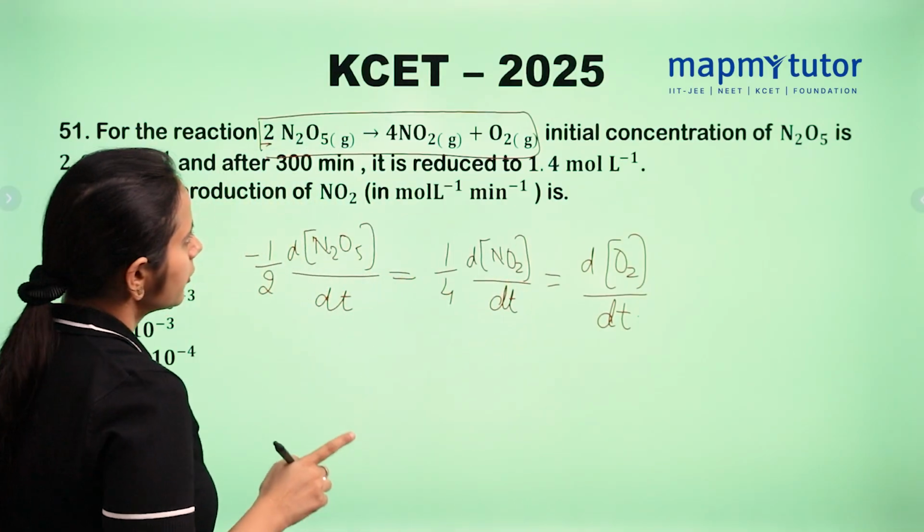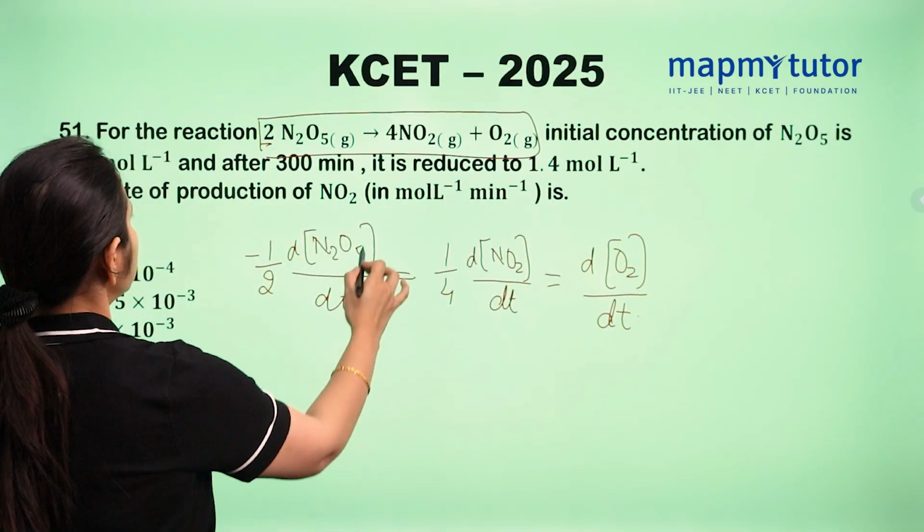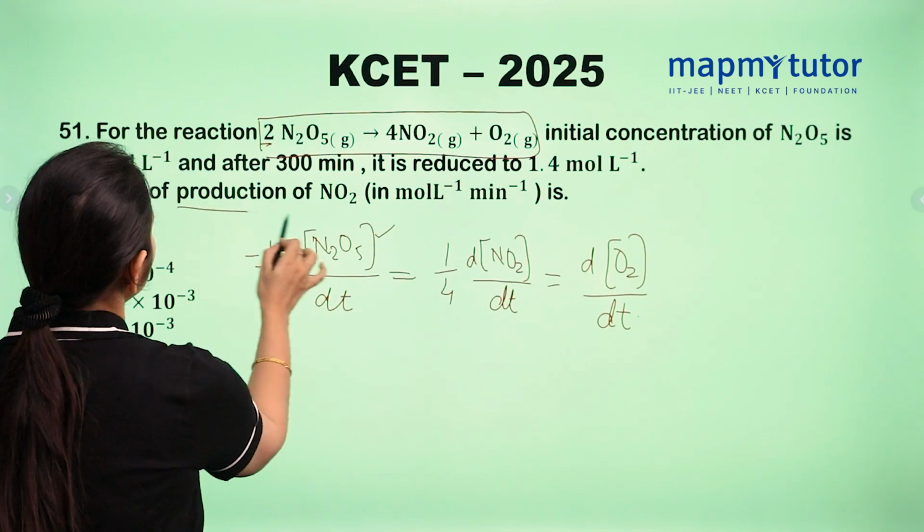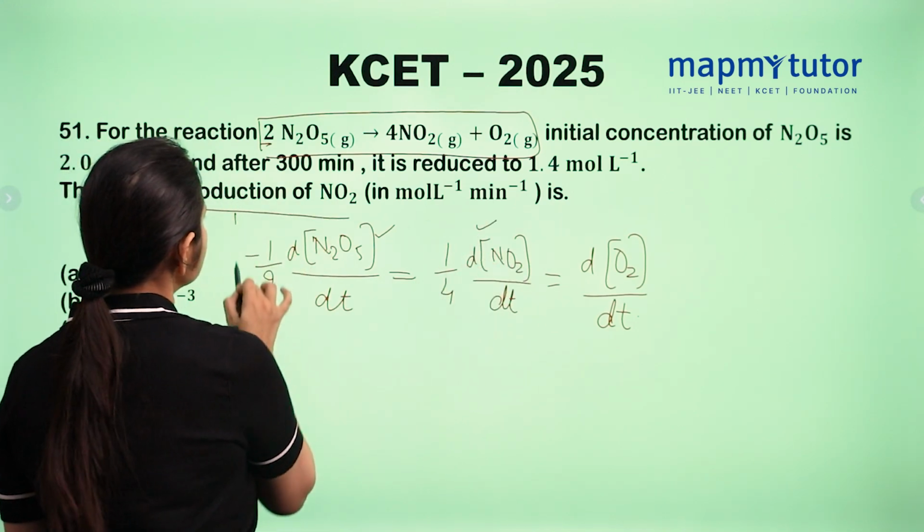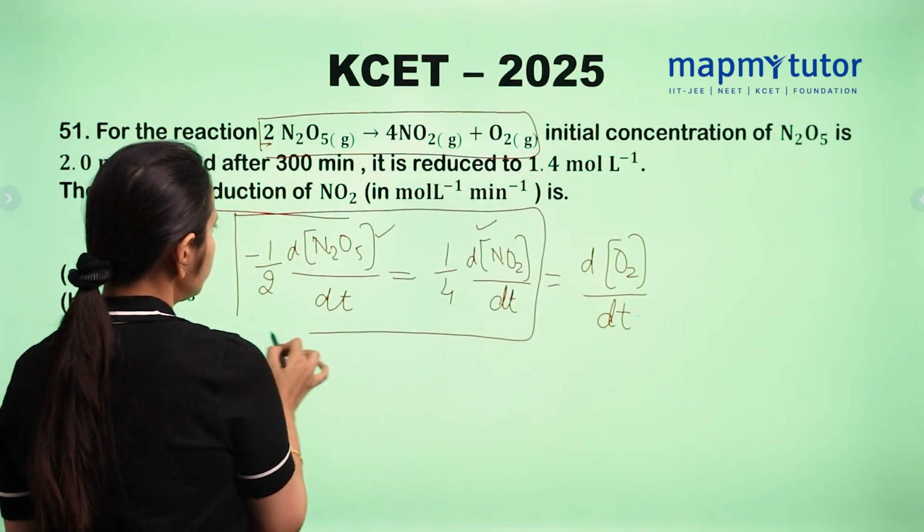He has provided the initial concentration of N2O5 and we need to calculate the rate of production of NO2, so we will consider these two terms only.